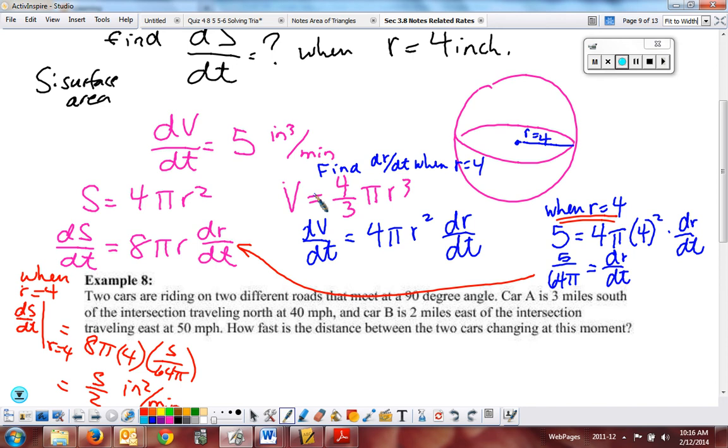Yes, Harvey. What if we don't know the formula for something, like surface area? I will say that in the most recent years, it appears that they were giving formulas on the problem.